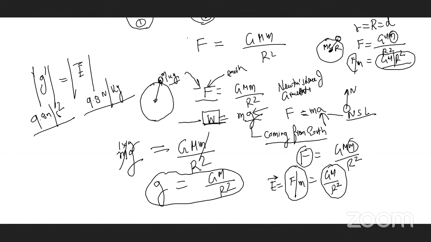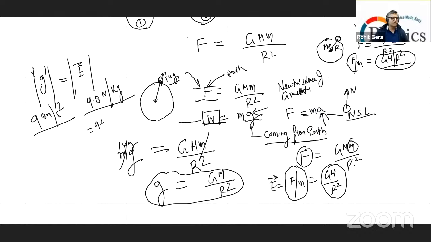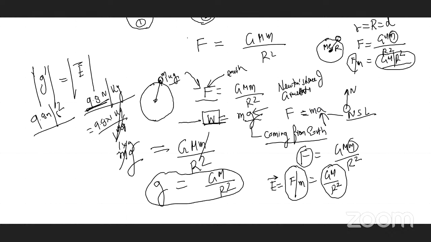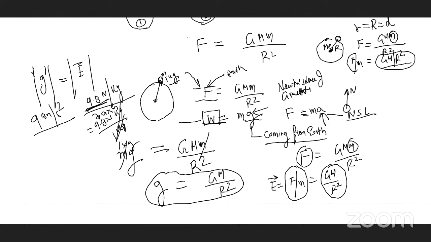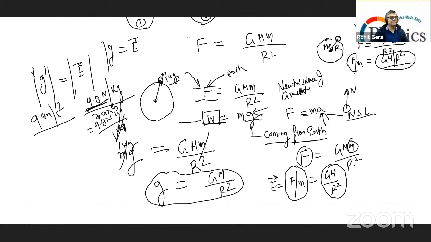ओके. इसको मैं लिख सकता हूँ ना, 9.8 into 1 kilogram divided by 1 kilogram. ये MA है ना. MA को मैंने लिख लिया, A into M, और नीचे पर किलोग्राम काट दिया, तो A आ गया ना, 9.8 is equal to 9.8. So numerically they are equal.